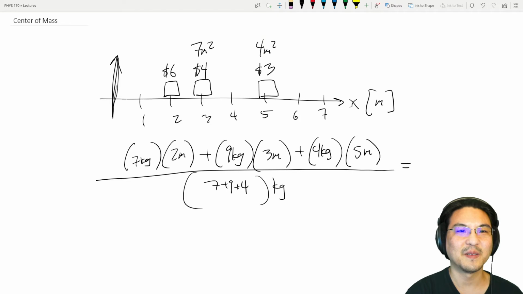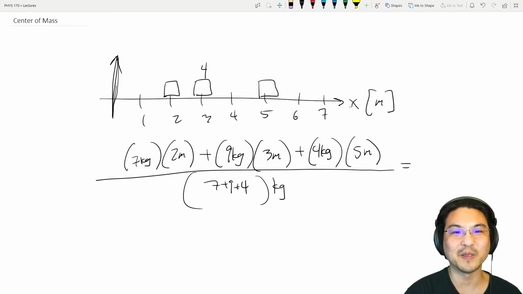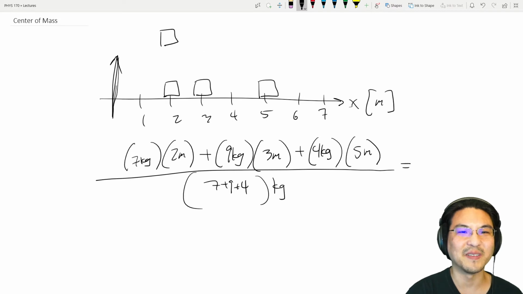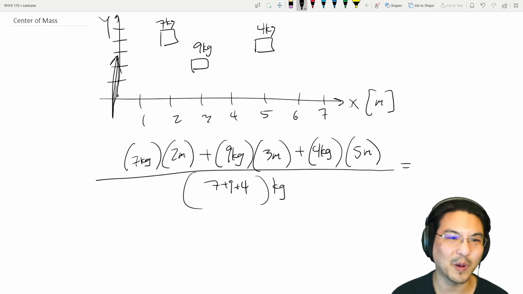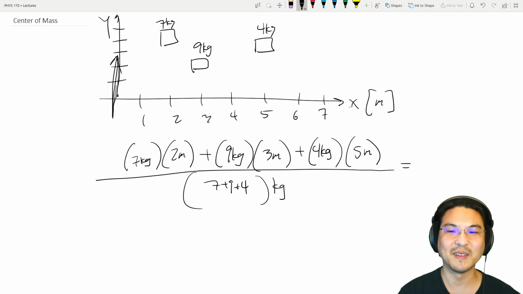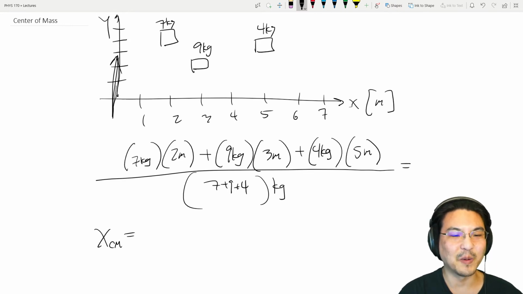We did this example in 1 dimension. If I move the box over here and here and here instead, and I knew this was 7 kilograms and this was 9 and this was 4, and now I know both x and y components for the position, then I can get an x component of the center of mass.